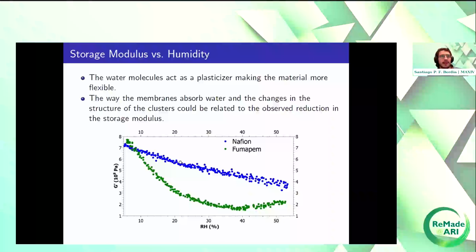The difference between these two can be related to the way the membrane absorbs water, that we can also see in the sample position, where we see a linear trend in Nafion membrane and an exponential trend in Fumapem.